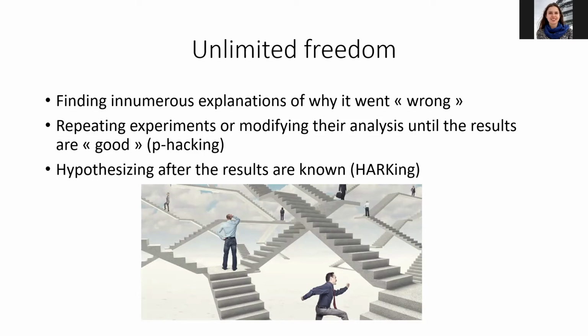So you question if you applied the right volume or the right dose of a substance, or maybe you suddenly remember the animals looked more stressed than usual, and then you say, oh, we must be wrong because of this or that. There is also the issue of repeating the experiment again and again, or even modifying the statistical analysis until you find the desired results, and then you discard the other possibilities.